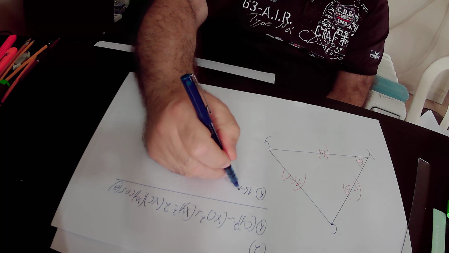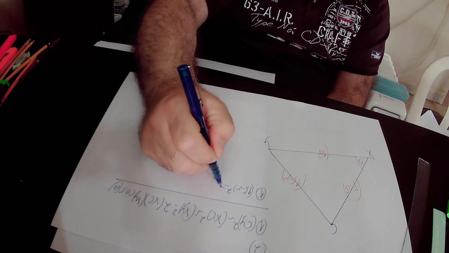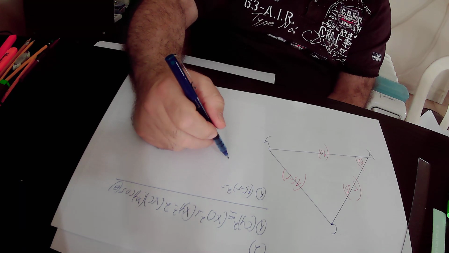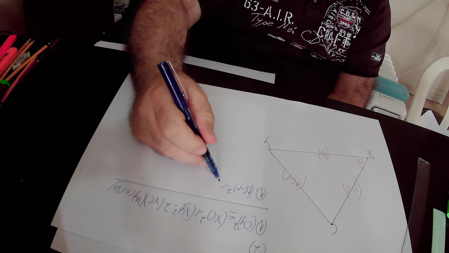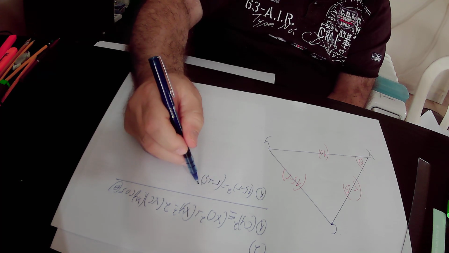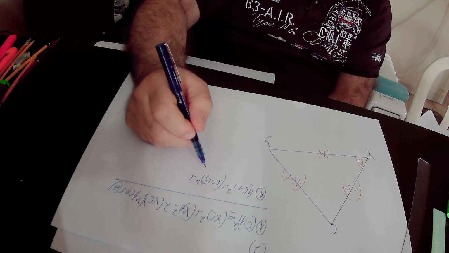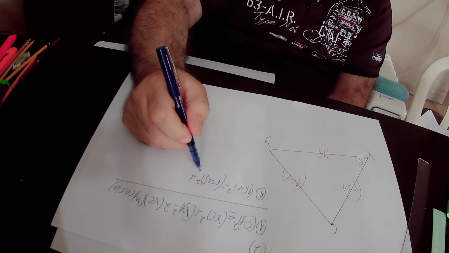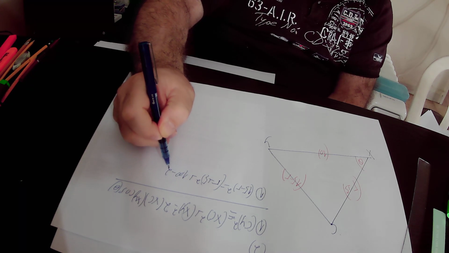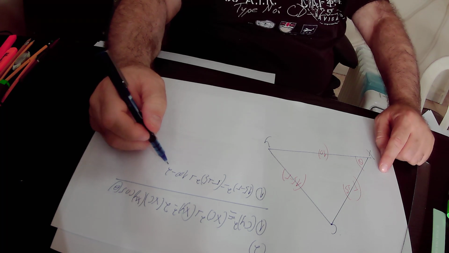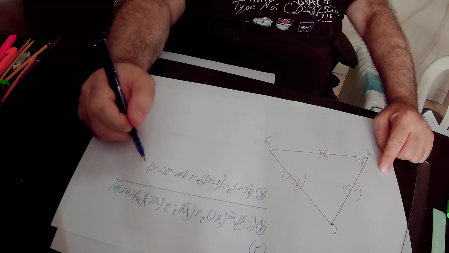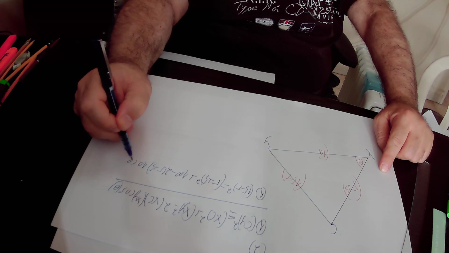So Cy squared will be equal to 15 minus r squared, and it is equal to xc squared, where xc is r plus 5, so r plus 5 squared, plus xy squared, where xy is 10, so 10 squared is 100, minus 2 times xc, which is r plus 5, times xy, which is 10, times cosine theta.